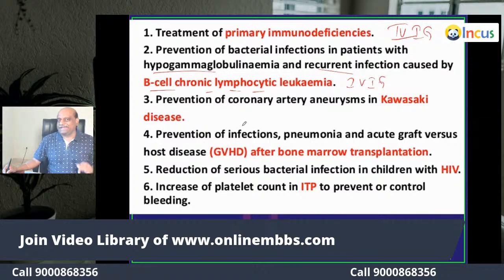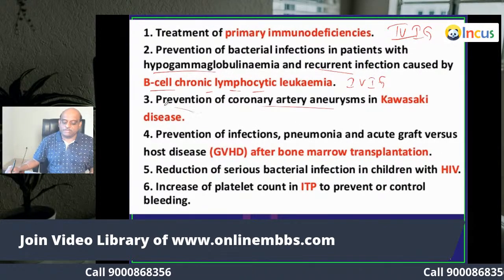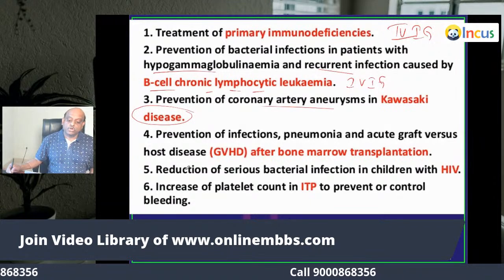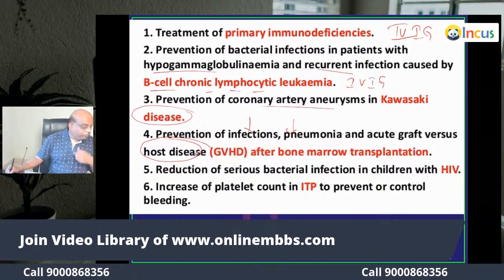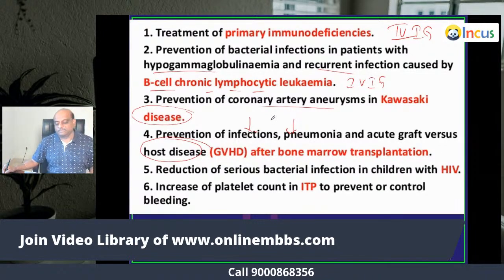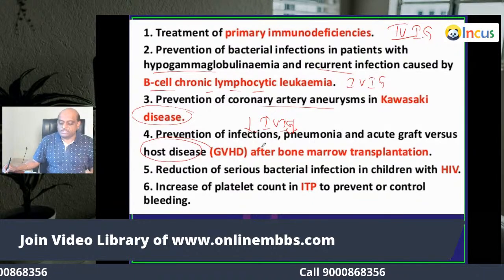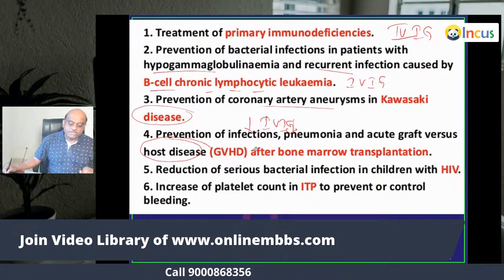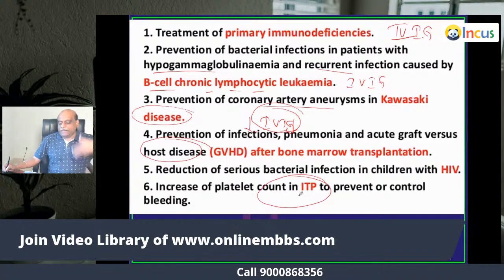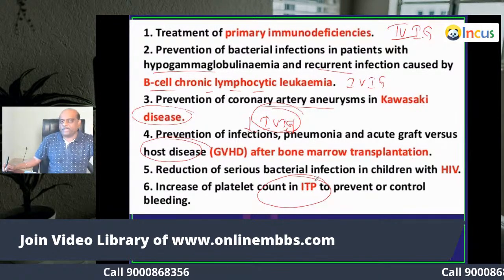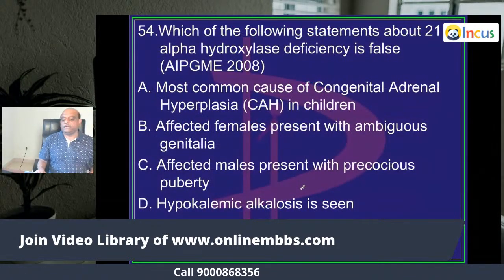To prevent, not acutely treat, coronary artery aneurysm in Kawasaki disease. To prevent infections, pneumonia, and acute graft versus host disease after bone marrow transplantation. To reduce serious infections in children with HIV. To increase the platelet count in ITP to prevent or control bleeding, we give IV immunoglobulin.